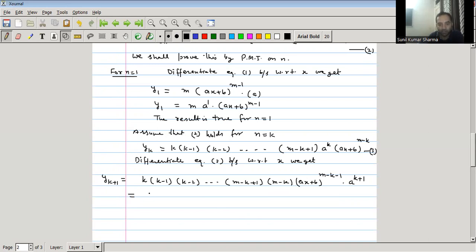We get m, (m minus 1), (m minus 2), and so on, up to (m minus k), a to the power (k plus 1) (ax plus b) to the power (m minus (k plus 1)).